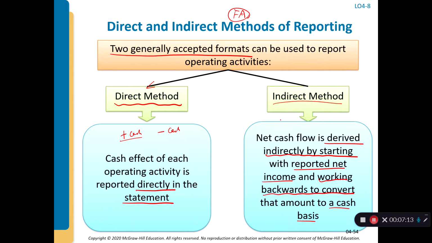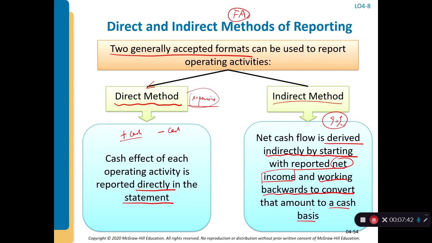But under the indirect method, if you remember, 90% of people use the indirect method because the direct method is very expensive, since you pretty much need a new accounting system to track the cash in and out from each activity. The indirect method starts with reporting net income and works backwards towards the cash basis accounting.